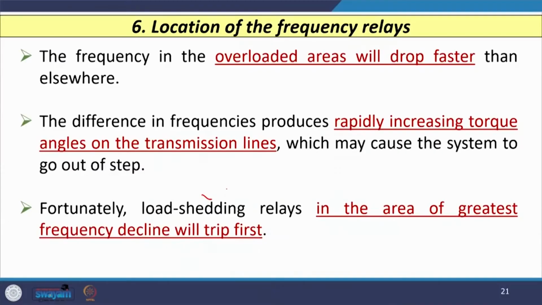So, the difference in frequencies will definitely produce increasing torque angles on the transmission lines, which may cause the system to go into an out of step condition. However, in most cases, in the areas in which the greatest frequency decline is observed, load shedding relays will operate first.